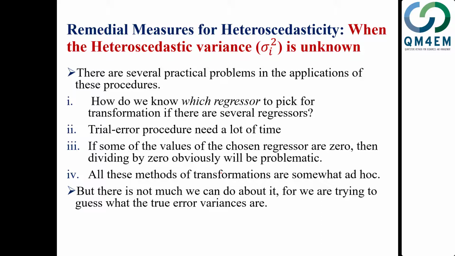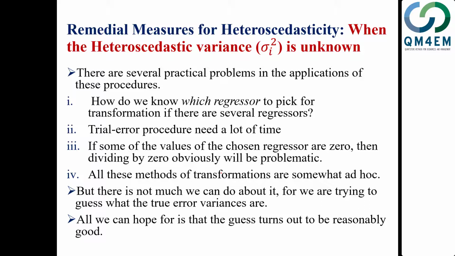They are time consuming, they are trial and error based methods, and sometimes it may take a longer time because we don't know exactly which particular explanatory variable we should use for transformation, or sometimes it may create a problem if we have some zero values and we use them for transformation. The observation may have a problem. So these were a few issues and ways through which we can solve the problem of heteroscedasticity.